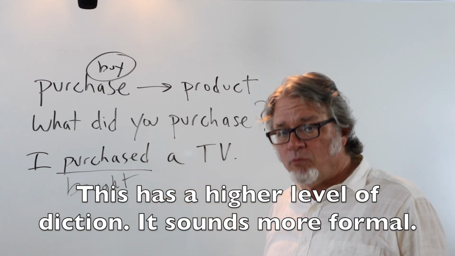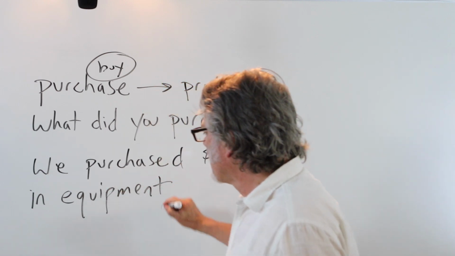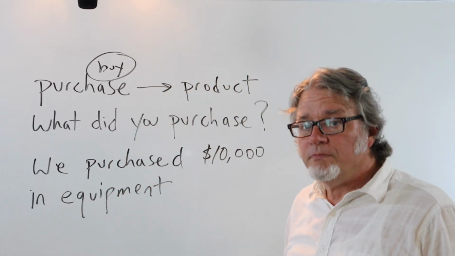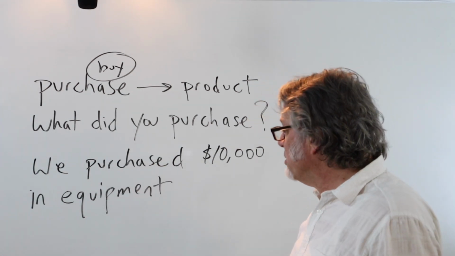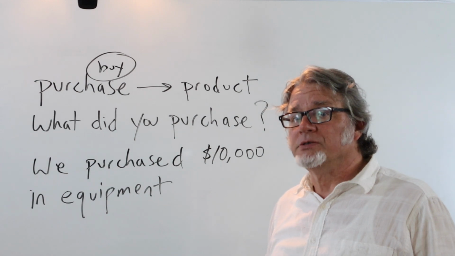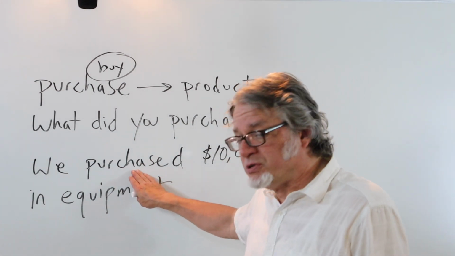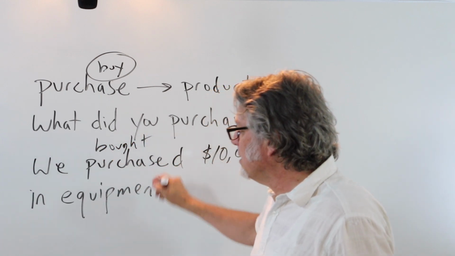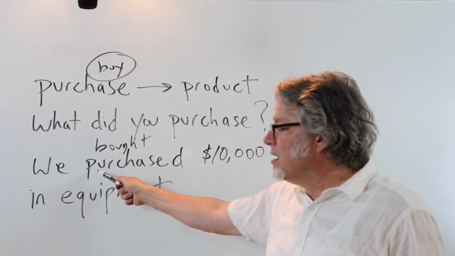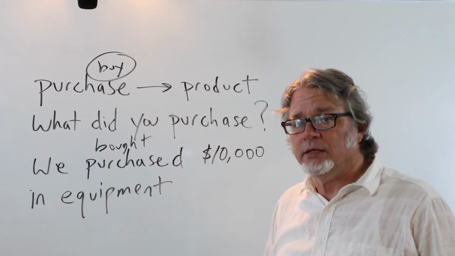It sounds more formal. If it's a large amount, then this might be a good choice. We purchased $10,000 in equipment. You could replace purchased with bought, and the meaning is exactly the same. But in some circumstances, a person might choose to use purchased instead.